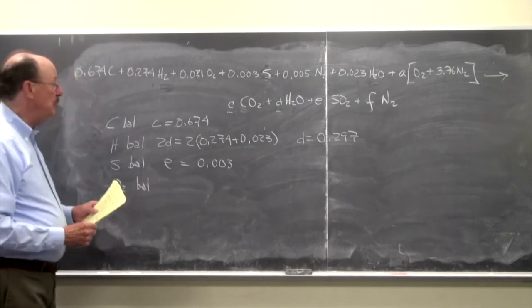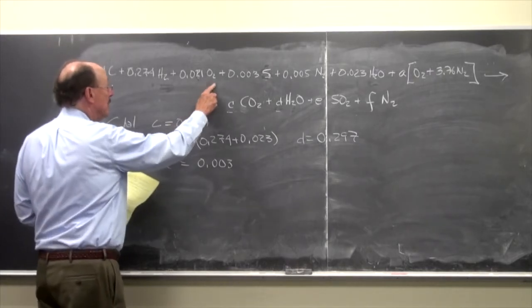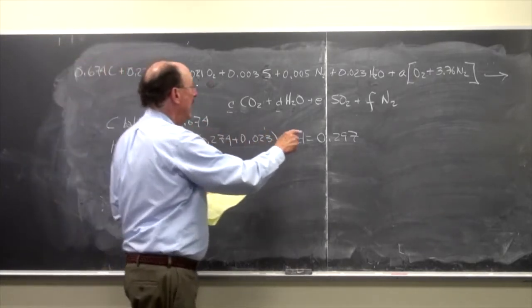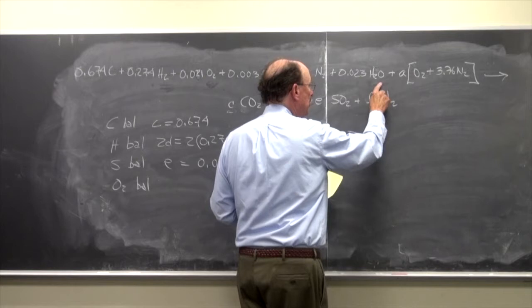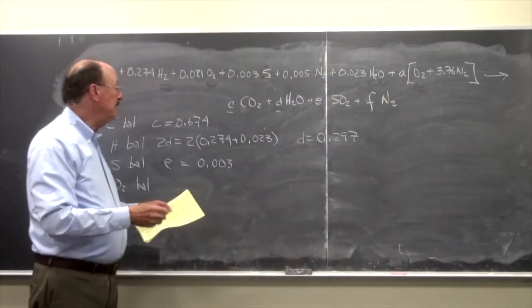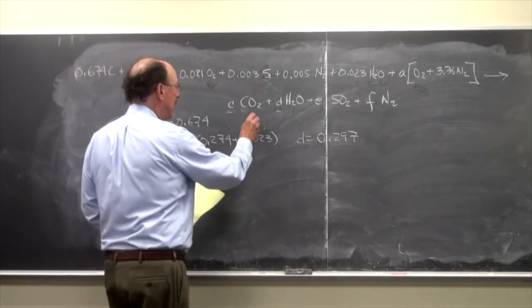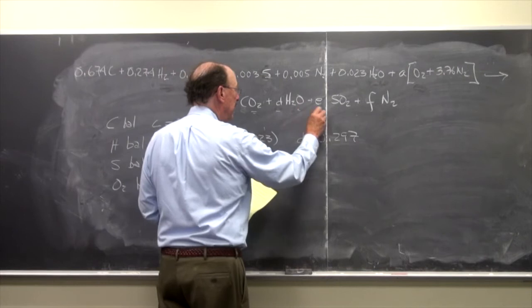So I do the O2 balance. I have an O2 here, I have an oxygen here, and I have an oxygen here. I need to pay attention to those on the input side. On the output side, I have the oxygen here, here, and here.